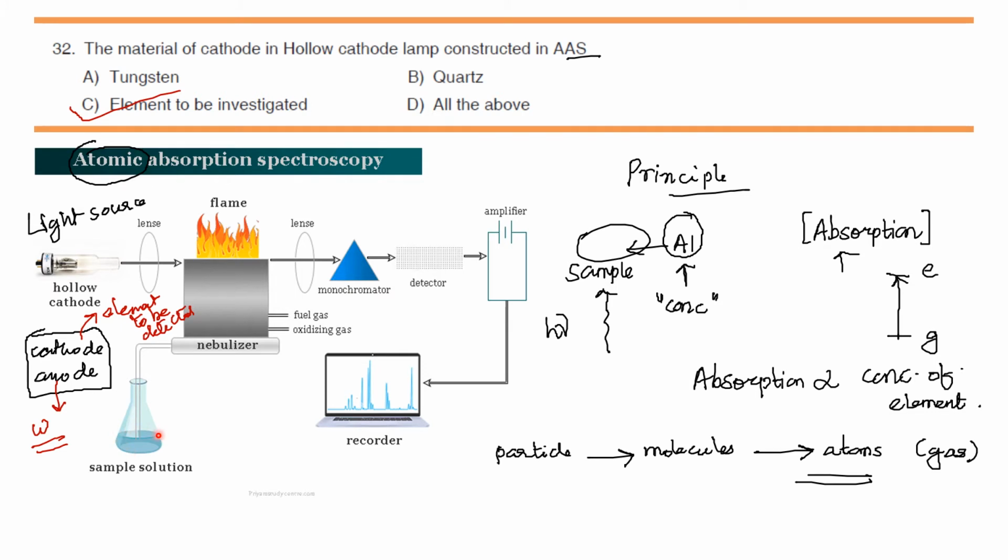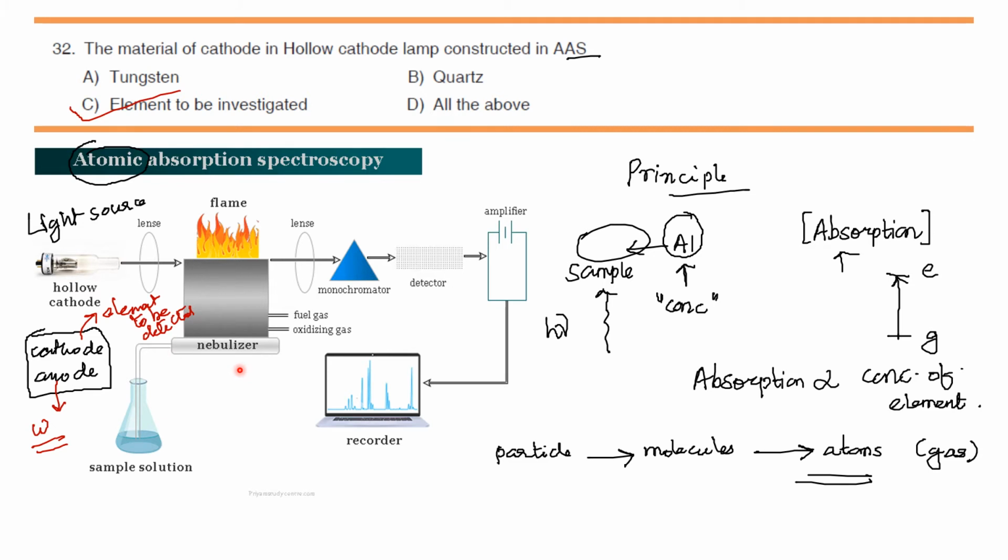The sample, or the element that is to be determined, is converted into an aerosol, so that you can spray that aerosol into the flame. The conversion of the sample solution into aerosol is done by the nebulizer.